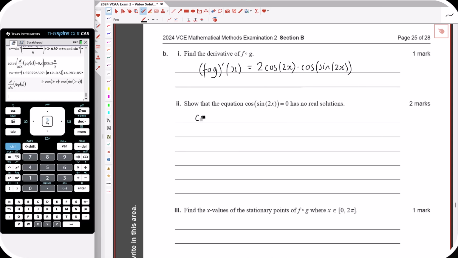Show that the equation of cos of sine 2x equals 0 has no real solutions. Okay, so cos of sine 2x equals 0. So cos equals 0, x coordinate 0 at plus or minus pi on 2.